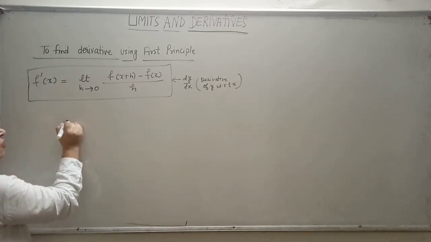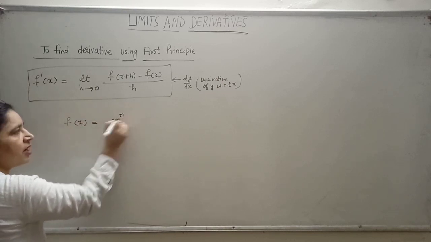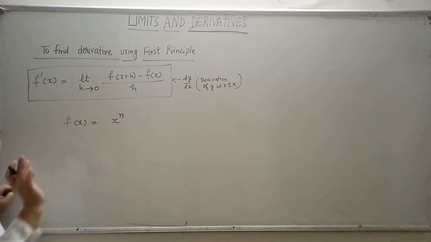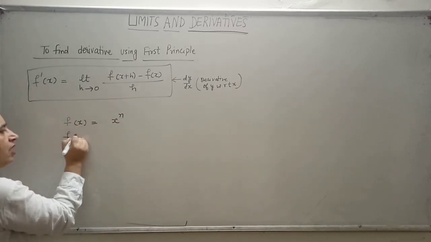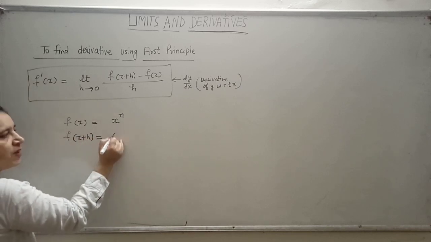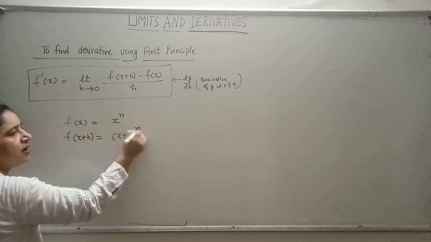Let me do it first of all when f(x) is equal to x raised to power n. Now you have to find the derivative of this function. So first of all, write down x plus h. Replace this x by x plus h, so (x plus h) raised to power n.